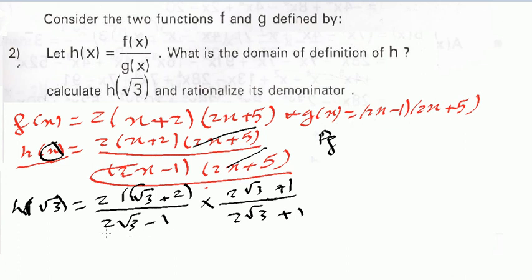Remember, it's like a minus b multiplied by a plus b. So in the denominator we will have a square, which is 2 radical 3 squared, minus b square, it means minus 1. And in the numerator we will have 2 radical 3 multiplied by 2 radical 3.